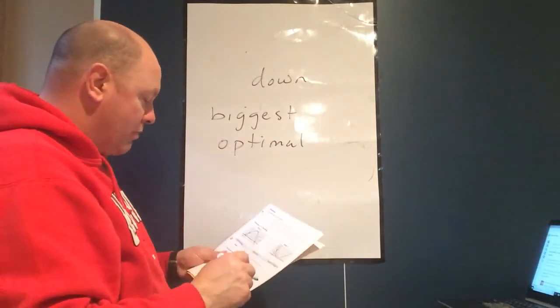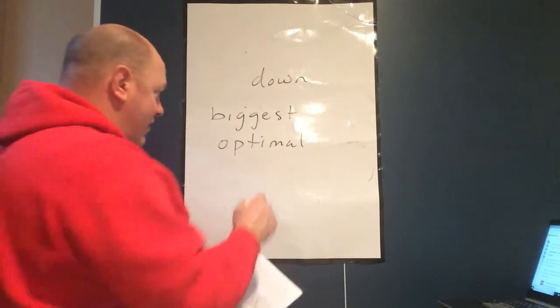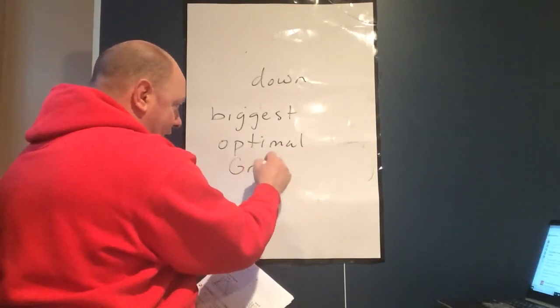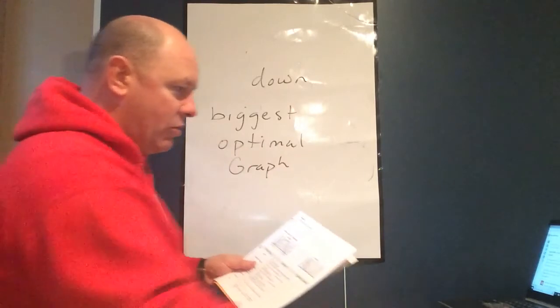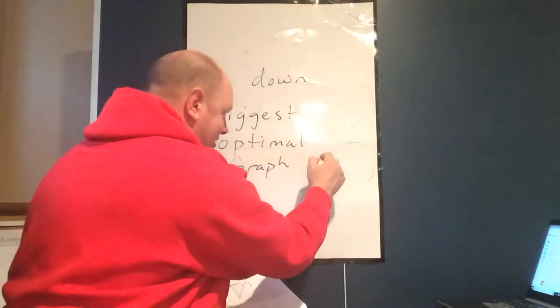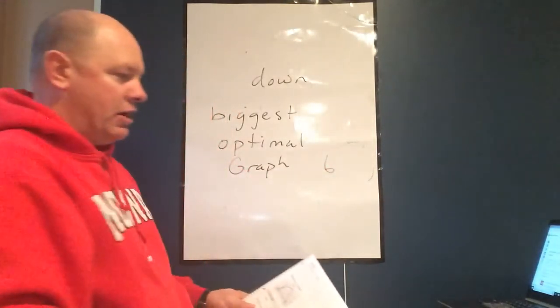The max value is only in graph A, because graph A has a max value, and here we're looking at our value of 6.